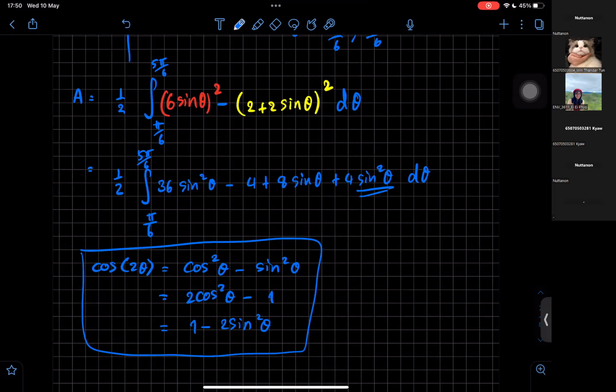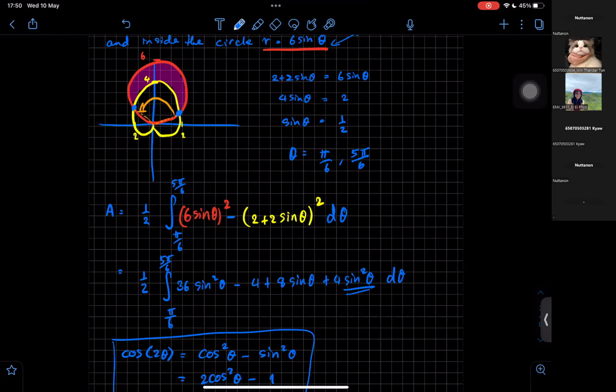Okay, and you can do the integration yourself. Do you have any question about this part? This is all about the polar coordinates. Do you have any question? If you don't have, we have like 10 minutes. Maybe I will just intro about the double integral.